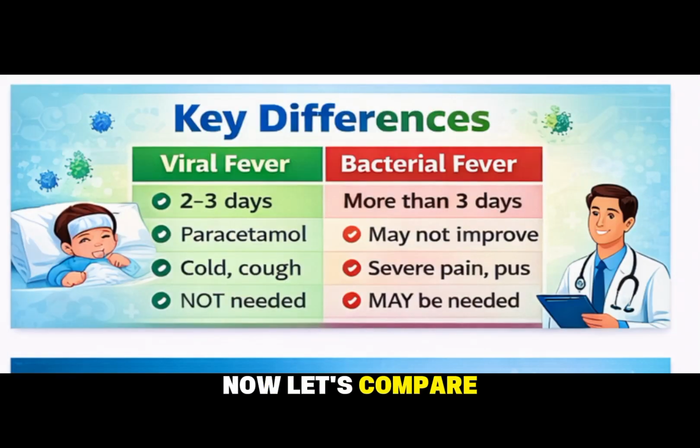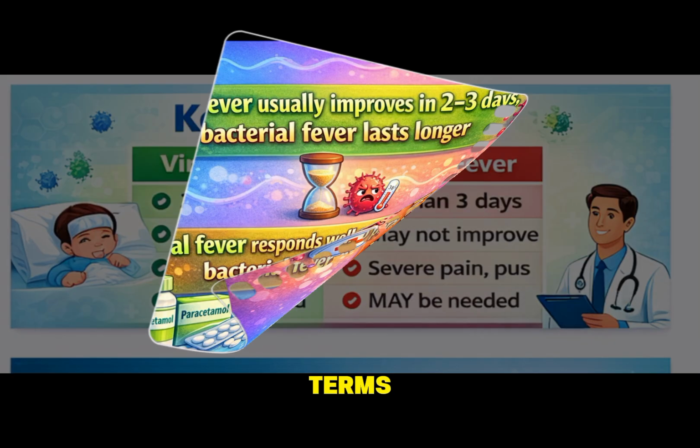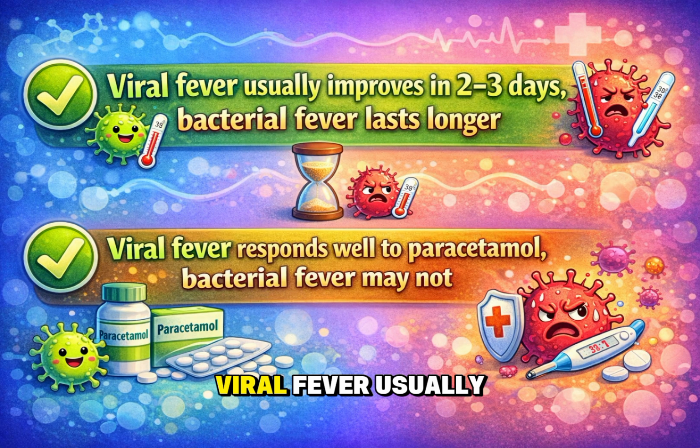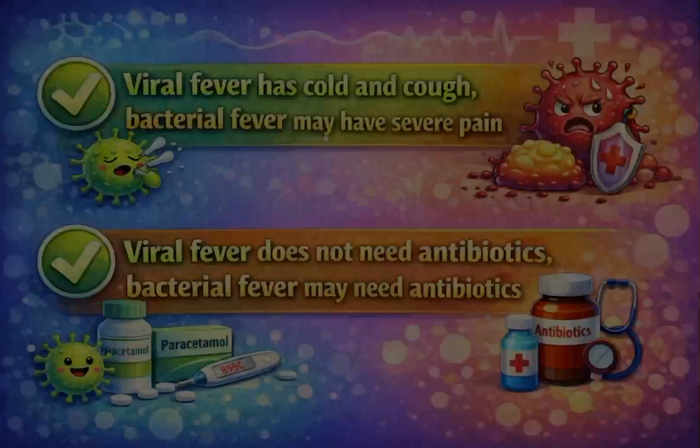Now let's compare viral and bacterial fever in very simple terms. Viral fever usually improves in 2 to 3 days. On the other side, bacterial fever lasts longer than 2 to 3 days. In viral fever, the fever responds well to paracetamol, while bacterial fever may not respond to paracetamol.